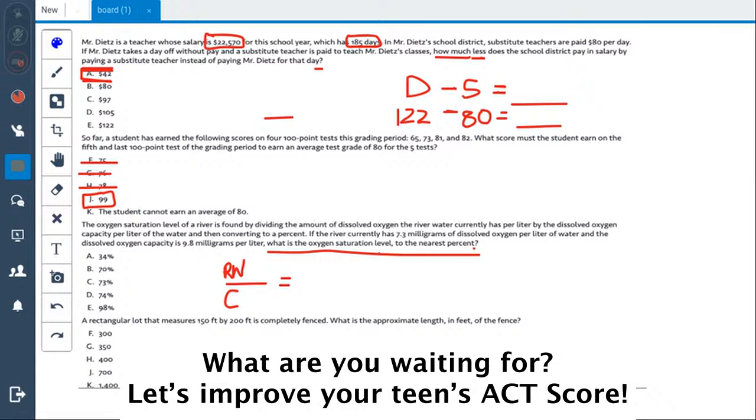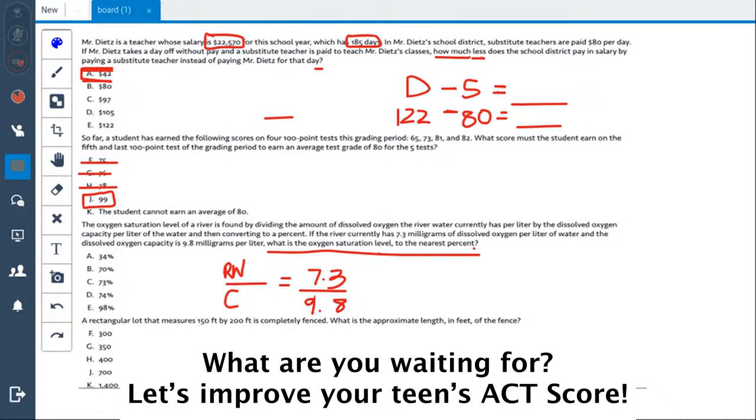Then, second sentence, the river currently has 7.3 milligrams of dissolved oxygen per liter. So that's our top number. And the capacity is 9.8. Okay, so there's our fraction. We just need to turn that into a percent.